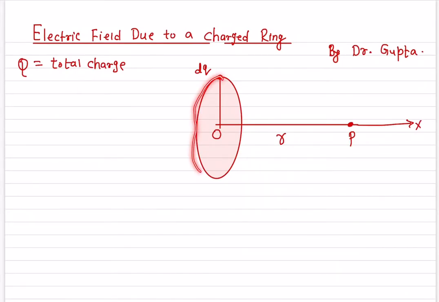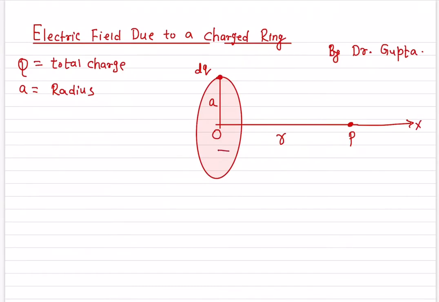That means this Q is uniformly distributed over the entire ring, and we're just taking a tiny segment which has charge dq. All right, and let's consider the radius of the ring is a.